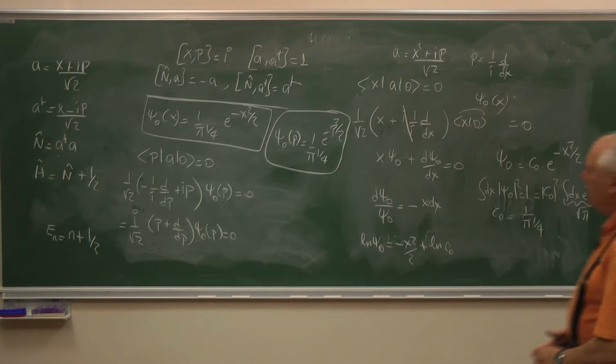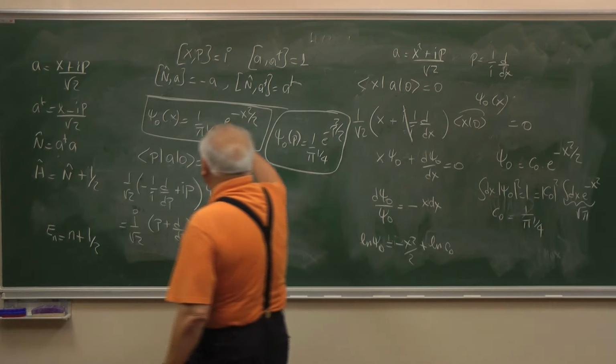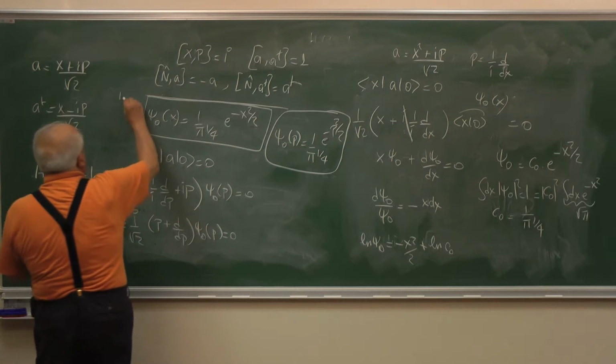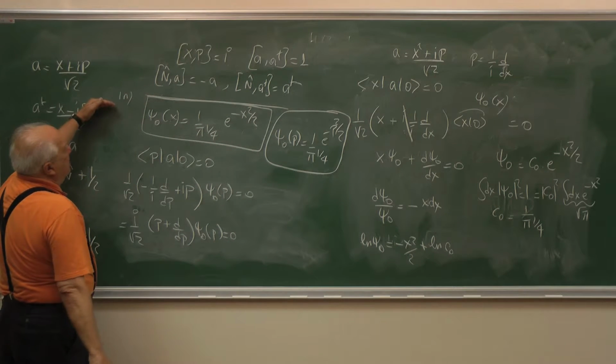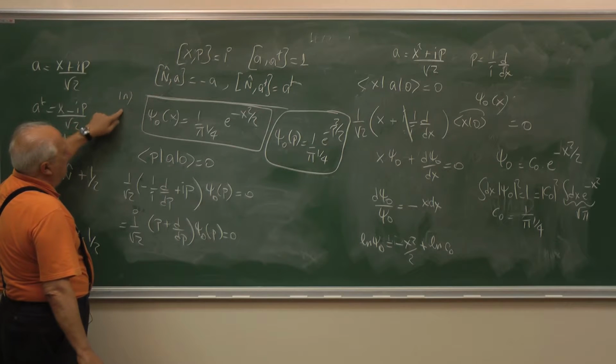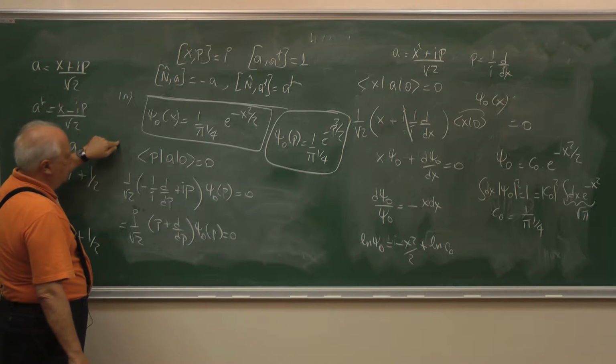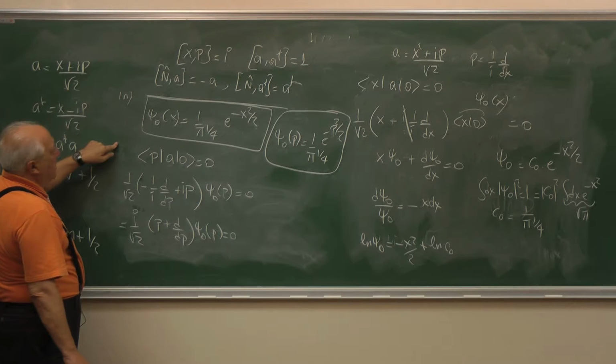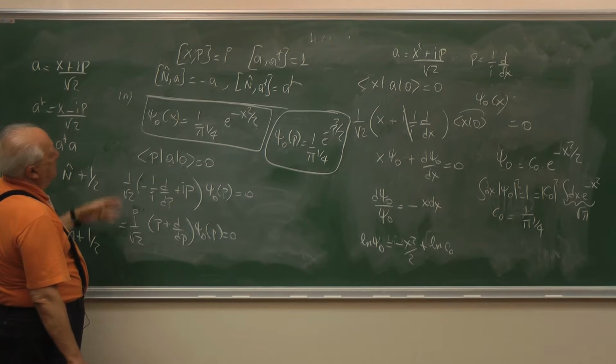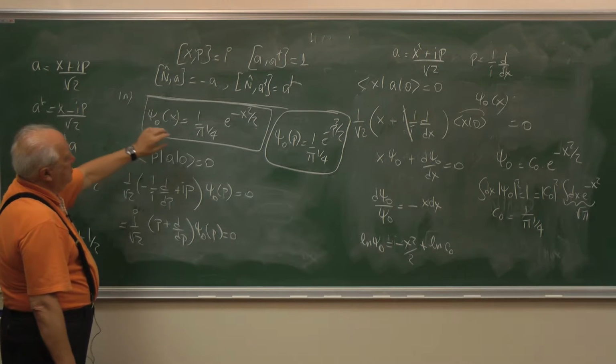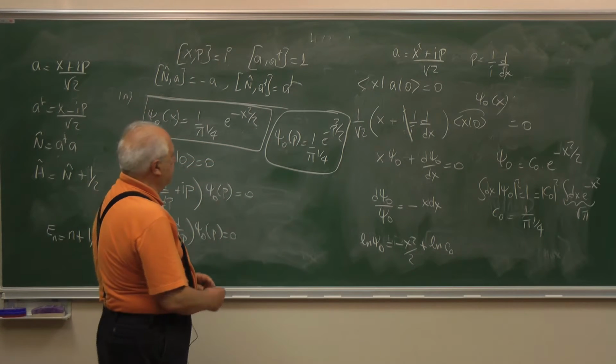Okay, so we started with n, we reduced by A, the eigenvalue, we reduced it down to 0, that was the lowest eigenvalue of the number operator, and we obtained the wave function of the ground state in the coordinate space and in the momentum space.